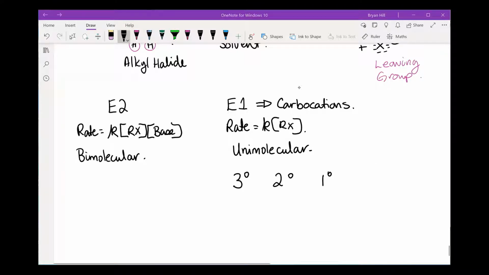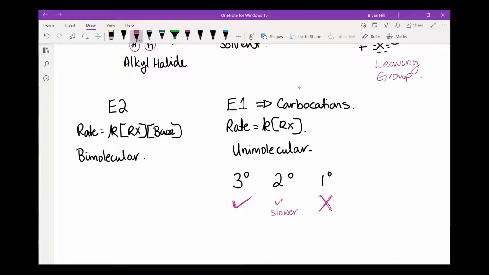Tertiary, right. So there's a big check mark for E1s taking place for tertiary, a smaller check mark because this would be slower for secondary, and a big X for primary.